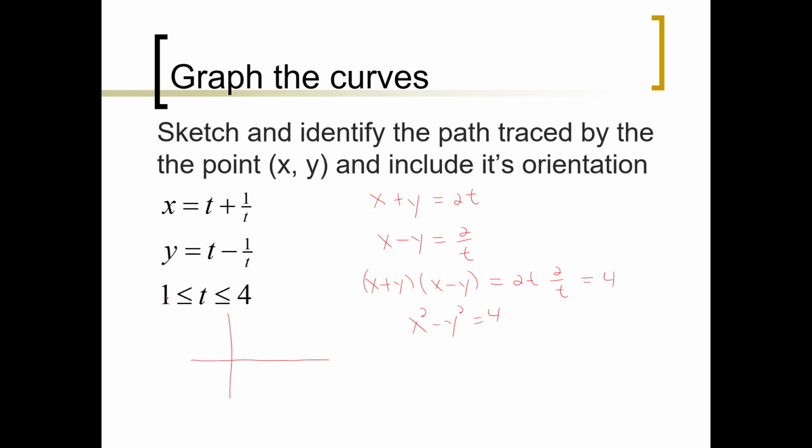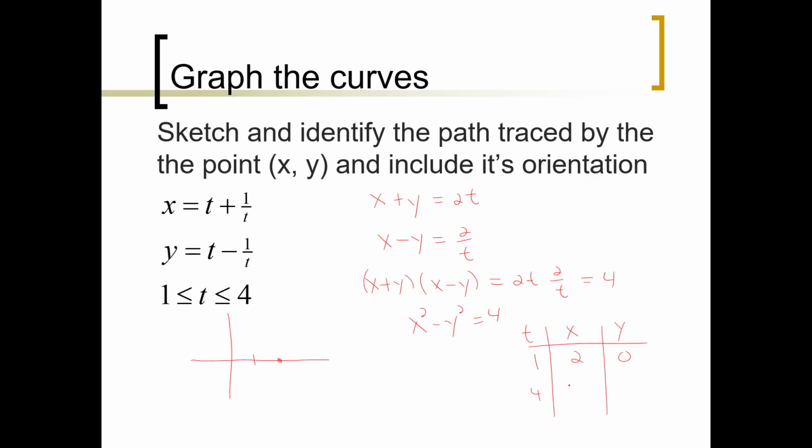And then since we start and end somewhere, it's probably a good idea just to make a little table of values to see where we begin and where we end. So this will be your t values, your x values, and your y values. So t goes from 1 to 4. If t is 1, x would be 2, y would be 0. We would start right here.